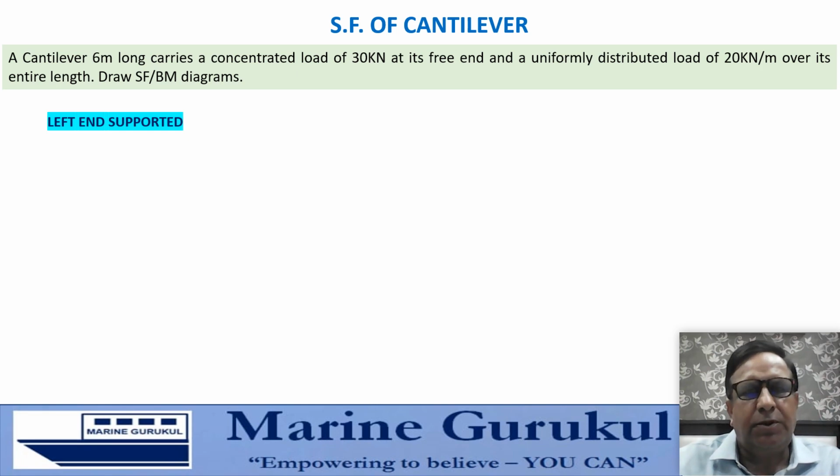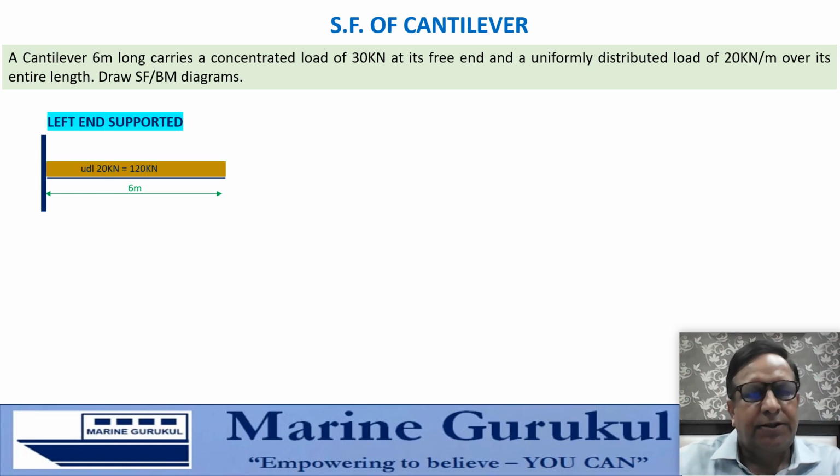So left end supported, we first draw the diagram for the cantilever, which we've already discussed as to how to draw. We have the cantilever supported at its left end, 6 meter long with a UDL of 20 kilonewton per meter and a concentrated load of 30 kilonewton at its free end.